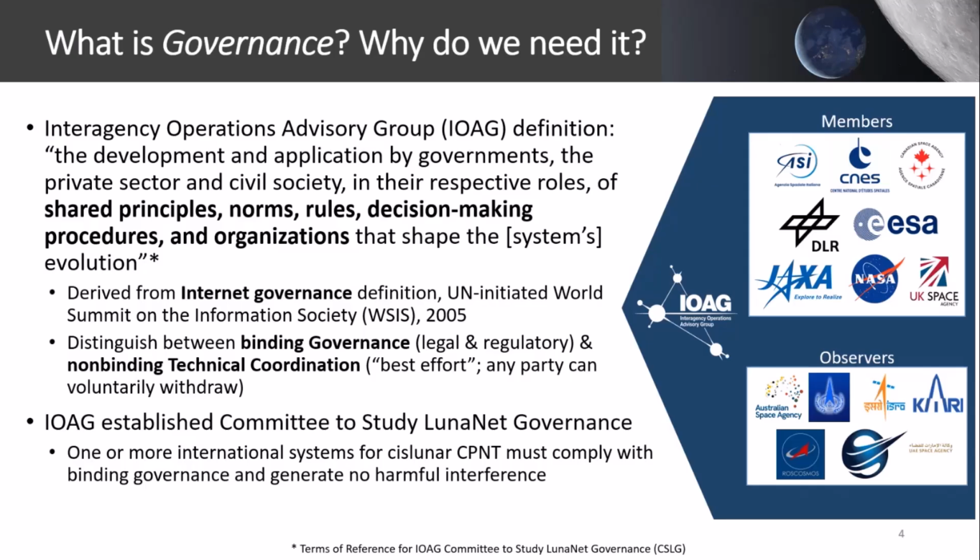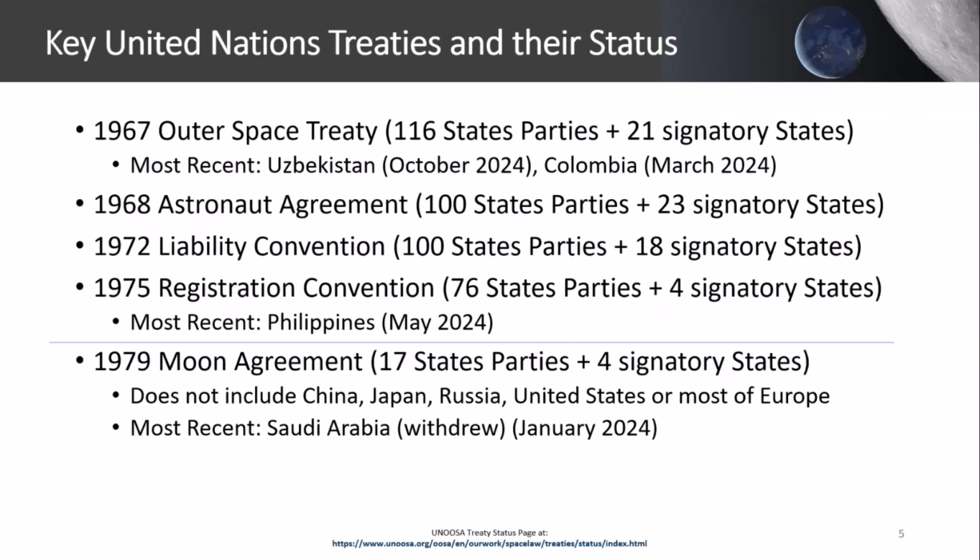Bottom line is to have effective governance, we need to establish a threshold where we guarantee that our collaboration results in no harmful interference. So that we can work side by side at a minimum, and even better than that, interoperate where possible.